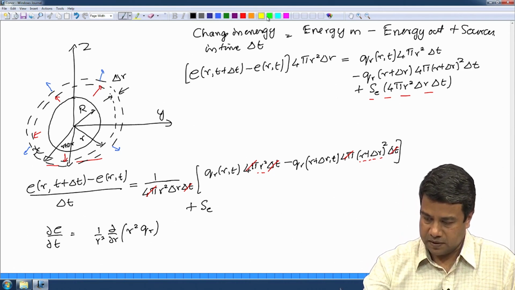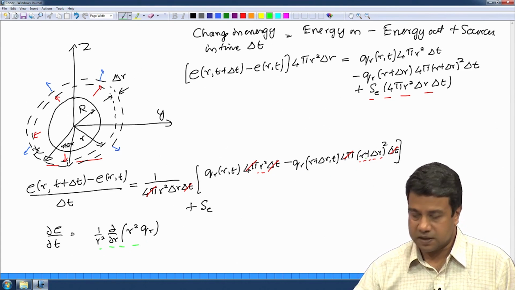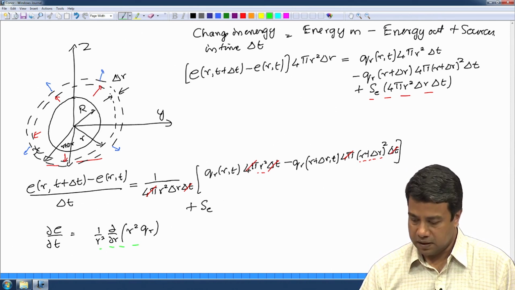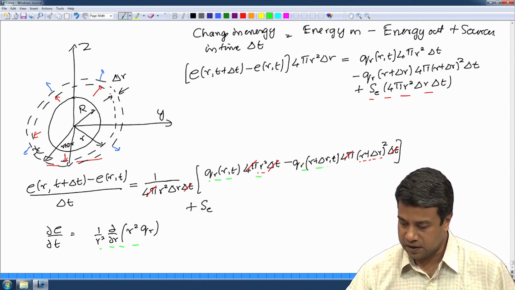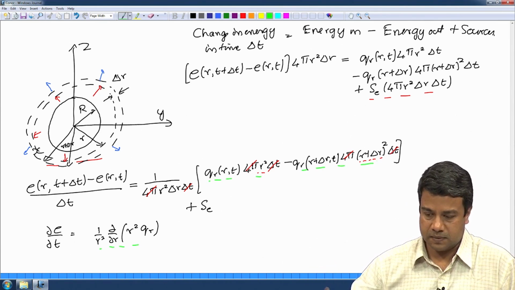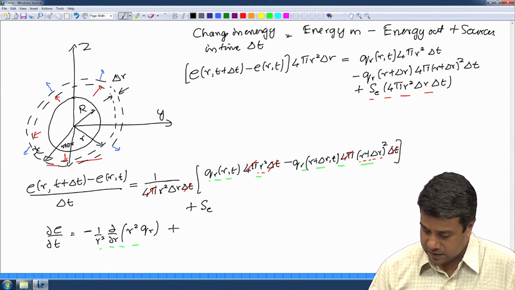This term, 1 by r square d by dr of r square q_r, will be equal to q_r times r square at r plus delta r minus q_r times r square at r. Here we have the opposite of that. We have q_r times r square at r minus q_r times r square at r plus delta r. Therefore, there is going to be a negative sign here, plus the source.